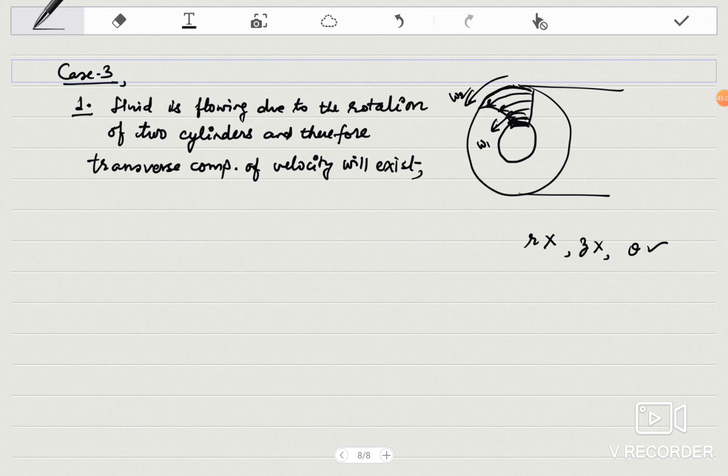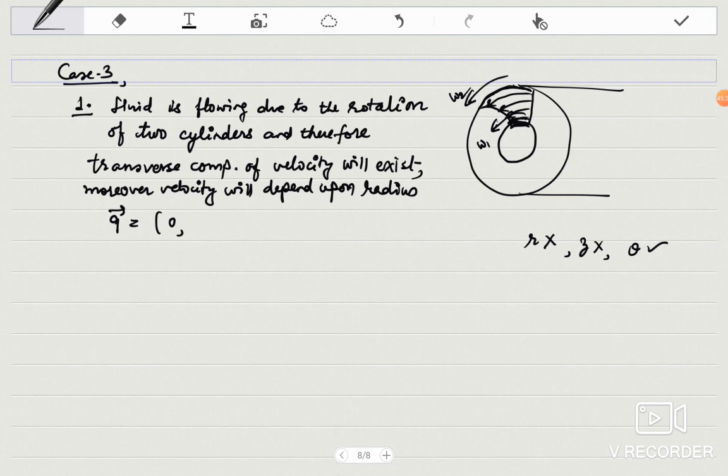It simply means that the velocity component will vary with radius, so velocity will be a function of r. It will depend on r, the radius. So what is your q in this case?